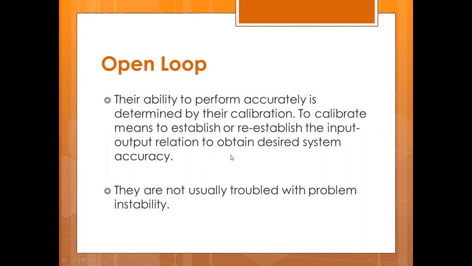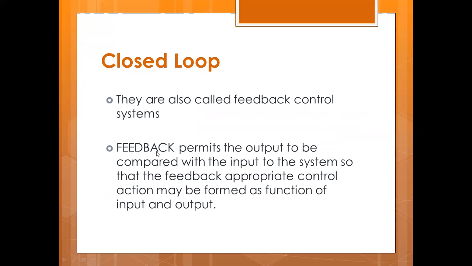These open loop systems are not usually troubled with the problem of instability. On the other hand, closed loop systems are also called feedback control systems. Feedback permits the output to be compared with the input to the system, so that appropriate control action may be formed as a function of input and output.